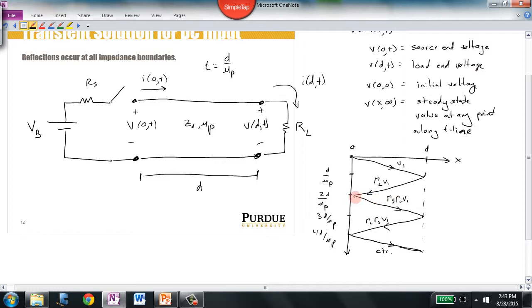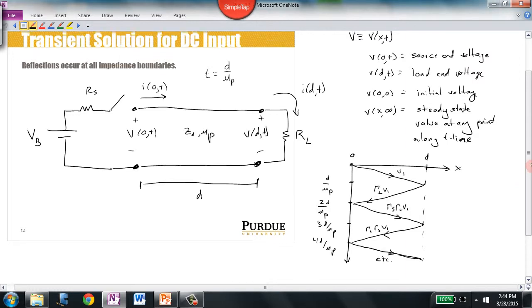If there is, the total value of the reflected voltage signal will be the source voltage reflection coefficient times the load voltage reflection coefficient times whatever the first forward voltage wave was. So that's this line here. That behavior can just repeat itself over and over, with each traversal of the transmission line requiring d over mu sub p seconds.